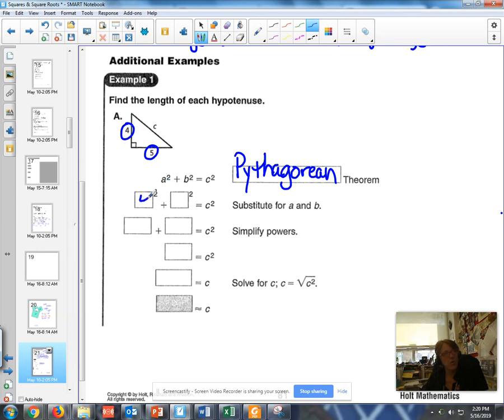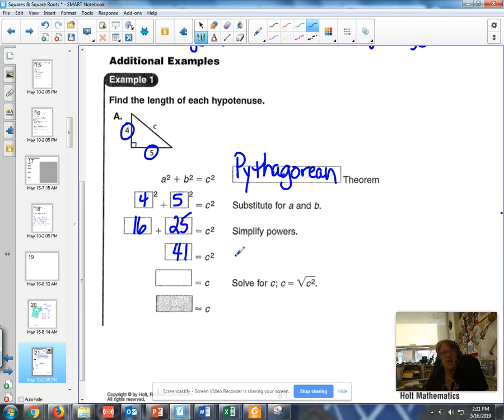I have to square 4. The other leg, I'll call that B. That's 5. And we don't know what C is, but my formula says this leg squared plus this leg squared equals the hypotenuse squared. 4 squared is 16. 5 squared is 25. Add those together and I get 41. Hold your horses. C squared is 41.